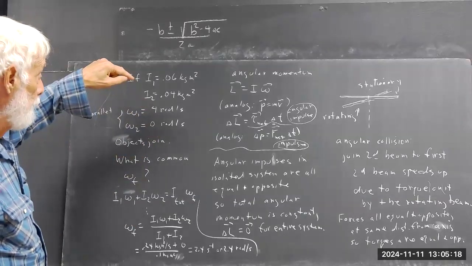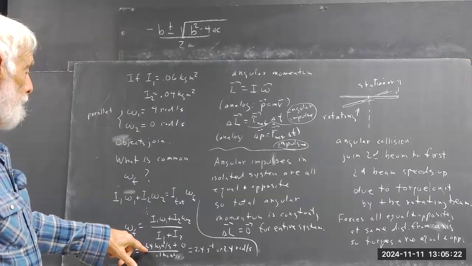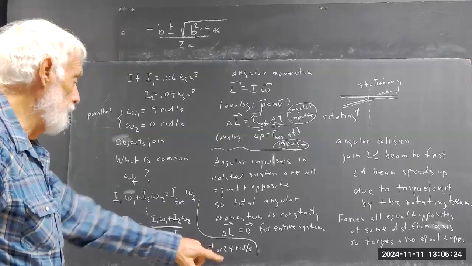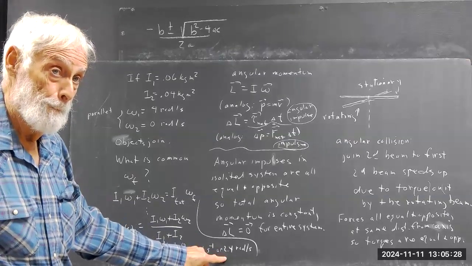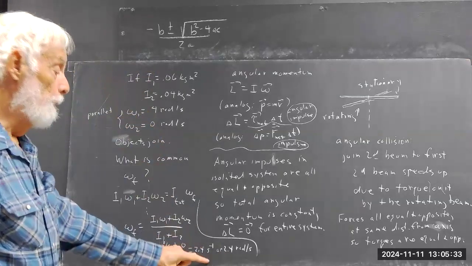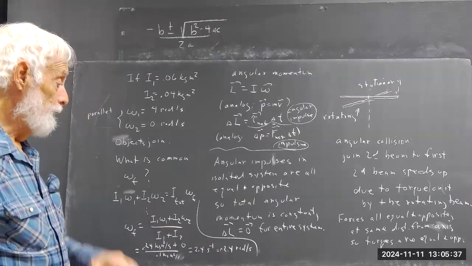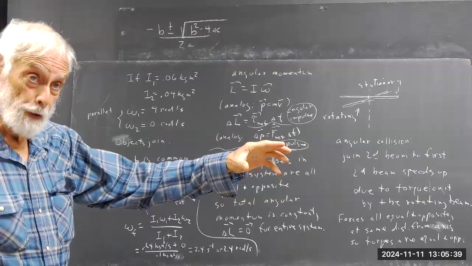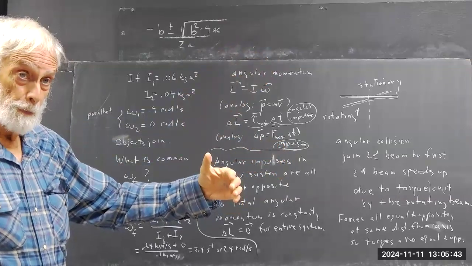Well, the second one goes from 0 to 2.4 radians per second, right? And the first is going to go from 4 down to 2.4. The second is going to speed up by 2.4 radians per second. The first is going to slow down by 1.6 radians per second.